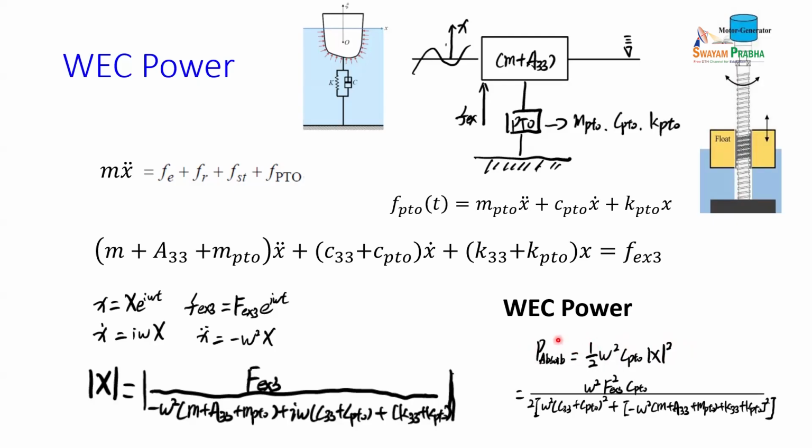You can calculate the power as damping force times velocity, where damping force is C PTO times x dot. This is why x dot comes here, and x dot becomes omega times x. So you already get this amplitude here.